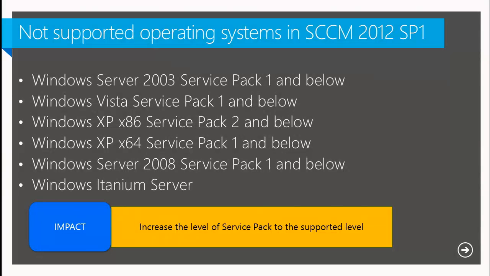It means that if there is any agent installed by SCCM 2007 on these versions of the operating system, it will not be able to migrate to SCCM 2012 unless we migrate the service pack level to a supported level. And one more thing at the end of the list: we will not support in SCCM 2012 any version of the Itanium edition of Windows Server.